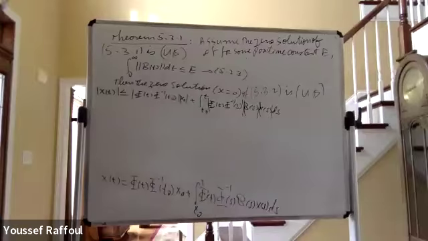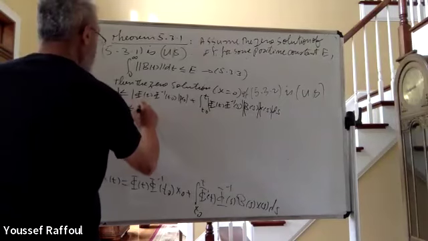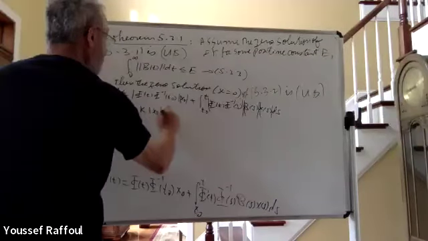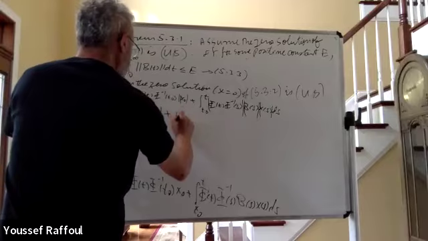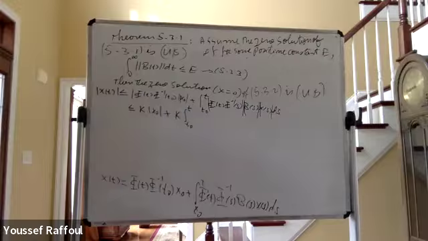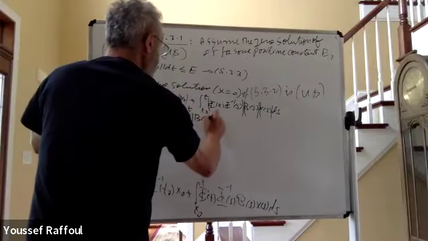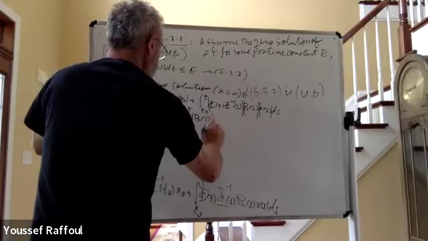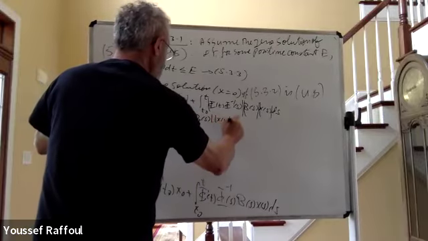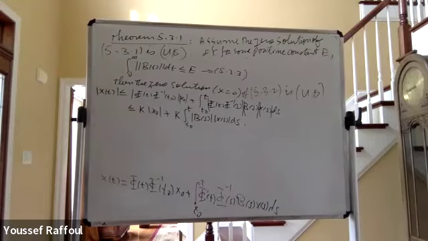Okay? We're going to take the absolute value, the norm. All right? So this is less or equal to K times the norm of x naught plus K times the integral from t naught to t of the norm of B(s) times the norm of x of s, ds. Okay?